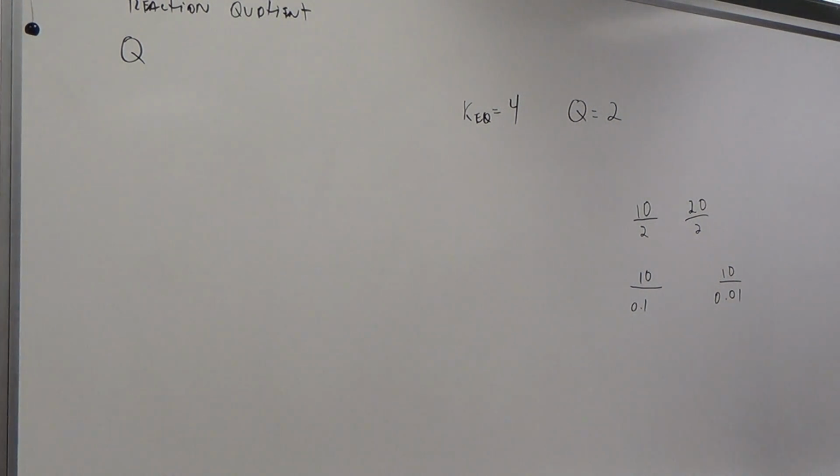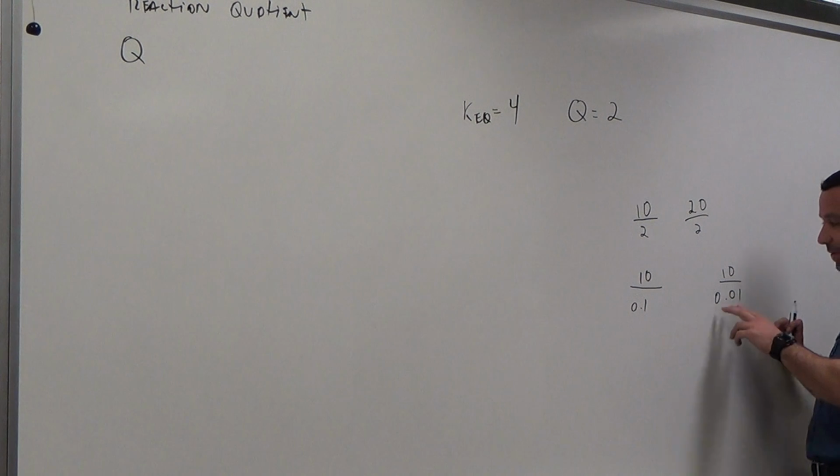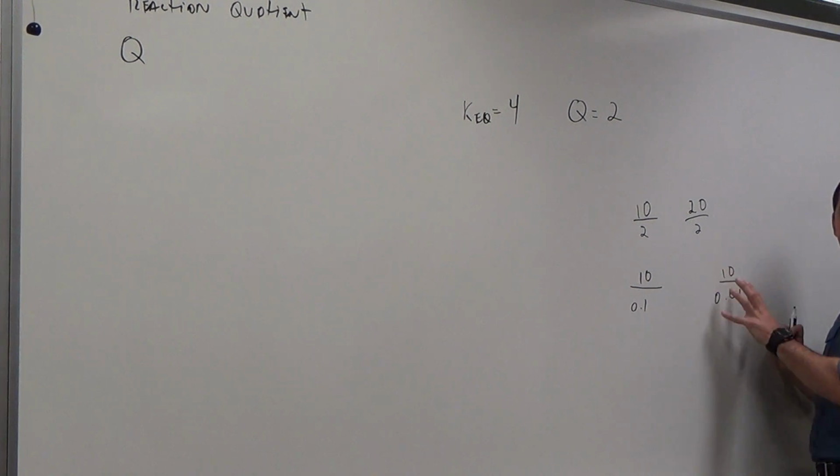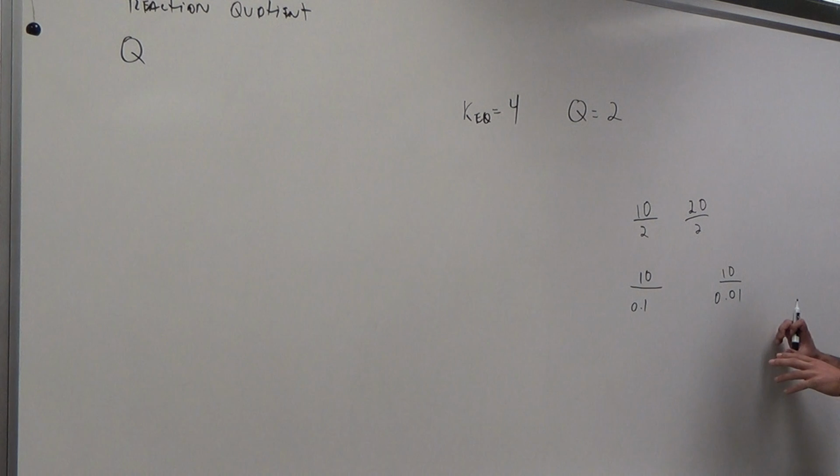What happens to this number? It gets bigger, because you divide by a smaller number. The bigger the ratio.